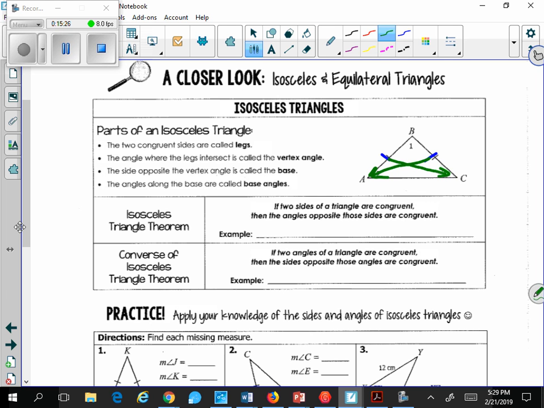So those two angles that are congruent, which we know from this stuff up here already, are angles 2 and 3. So I'm going to put here, if AB is congruent to BC, then angle 2 is congruent to angle 3.